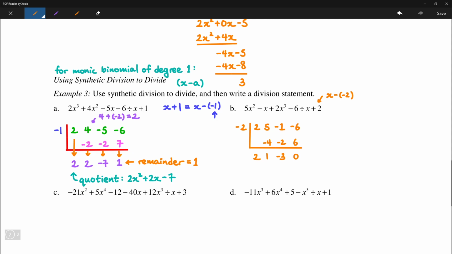So x plus 2 divides 2x cubed plus 5x squared minus x minus 6 evenly, which is good. And of course, these results can be written as a division statement as well, as we will be doing in just a moment. But for now, we have 2x squared plus x minus 3 as the quotient, and a remainder of 0.